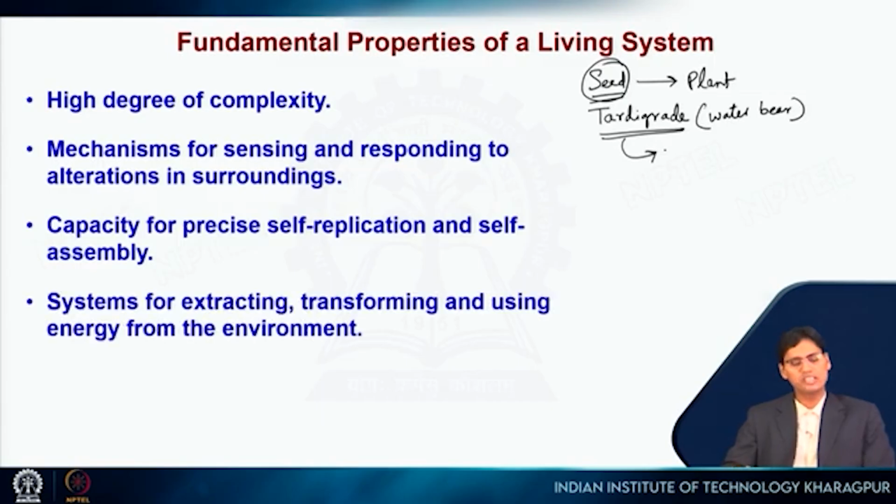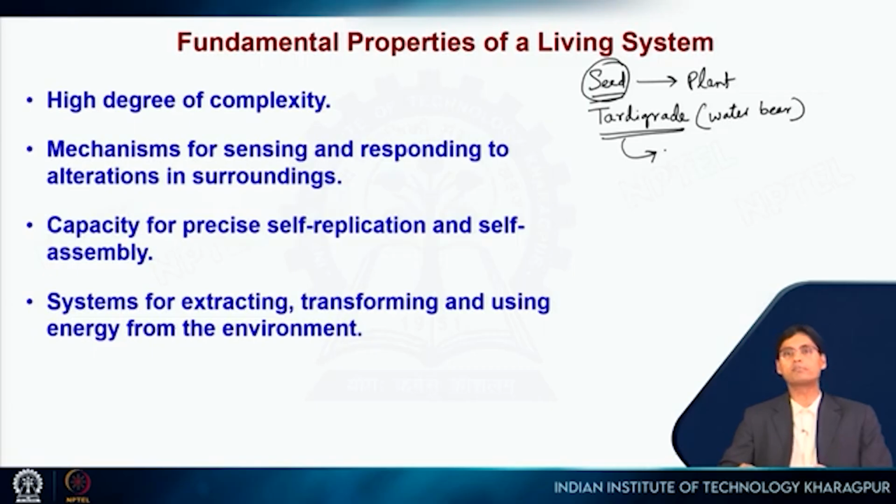And then, a system for extracting, transforming and using energy from the environment. Apparently you may think that we are not really extracting and transforming energy from the environment, but actually we are depending on some other organisms. For example, plants. All of you know that plants can do photosynthesis in the presence of sunlight, trap carbon dioxide from the air, take water from the soil, and make food, particularly carbohydrates.